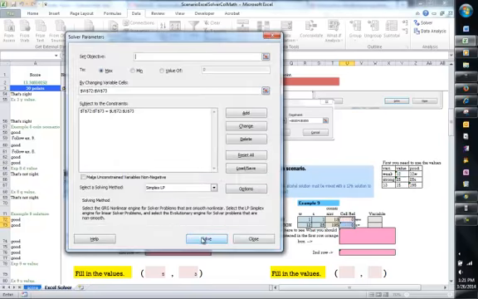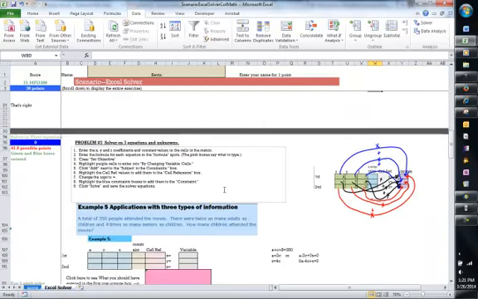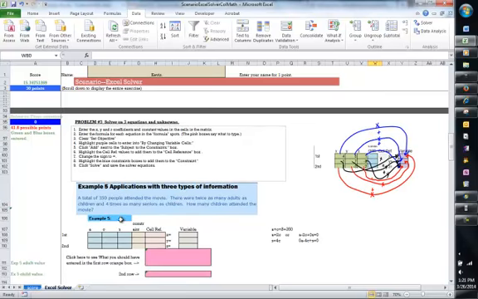And now when I press solve, it tells me that I have 10 liters of the weak and 3 liters of the strong. Okay, keeping on going. What happens if we have 3 equations and 3 unknowns? Well, it turns out the same, but solver starts to lose its attractiveness here, and I'll show you why.